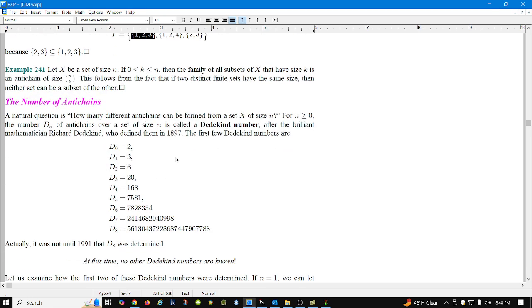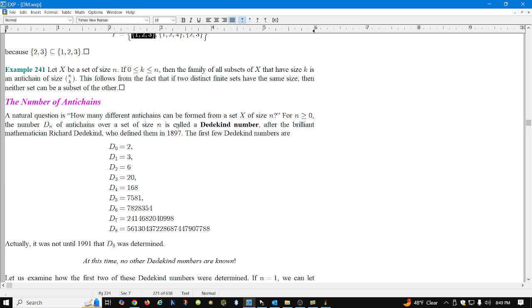Well, a natural question then for those of us who are interested in such things is how many different antichains can be formed from a set X of size n. So we have the antichain of all singleton subsets, the antichain of all doubleton subsets, all the way up to the antichain of all subsets of size n.